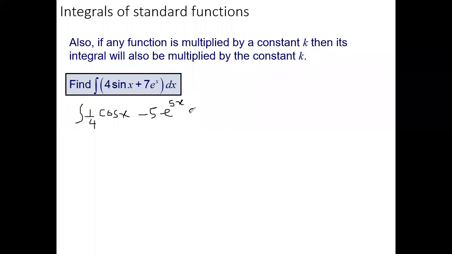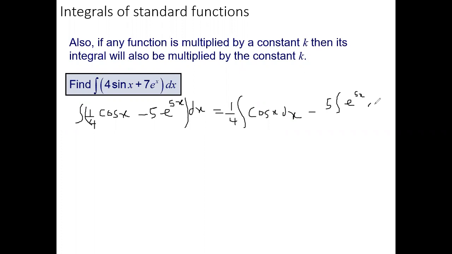Then we're integrating everything with respect to x. This will be the same as 1/4 cos x dx, then we have minus 5 integral of e raised to the power 5x dx.